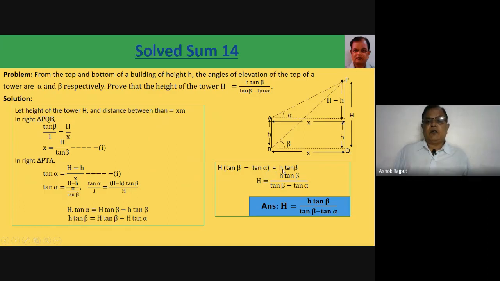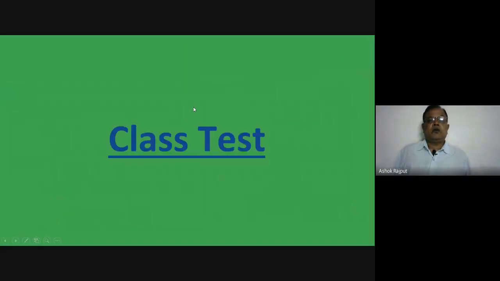Now a circus artist. If you go to the circus, you have seen circus artists many times. A circus artist climbs on a rope which is tied between the top of a pole and a fixed point on the level ground.